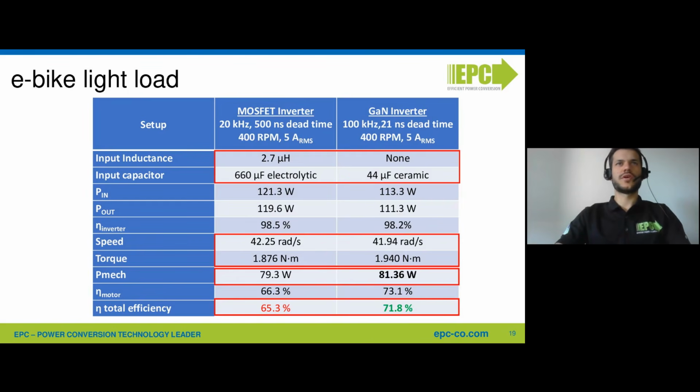So we have already talked about the differences in the input filter. In one case we have an inductor and some large electrolytic capacitors. In the other case we do not have an inductor and we have just small ceramic capacitors.